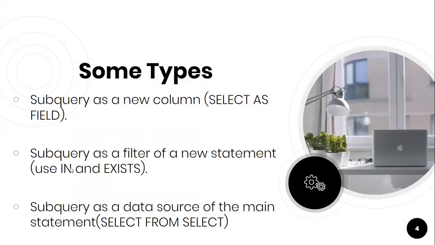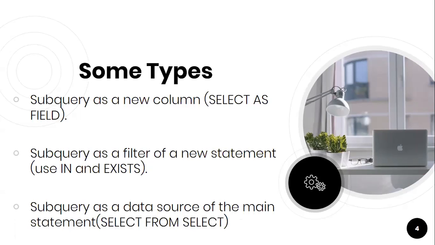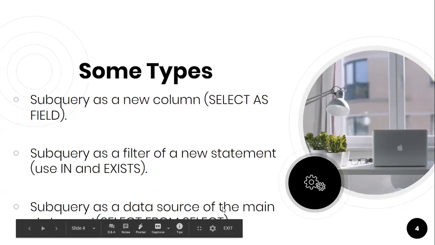We use IN and EXISTS to use a subquery as a filter. And the third one is the subquery as a data source, or a table of the main statement. It is a select from another select.